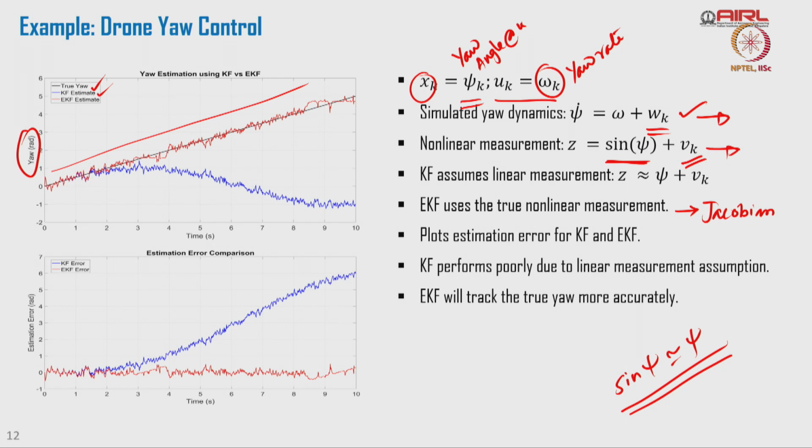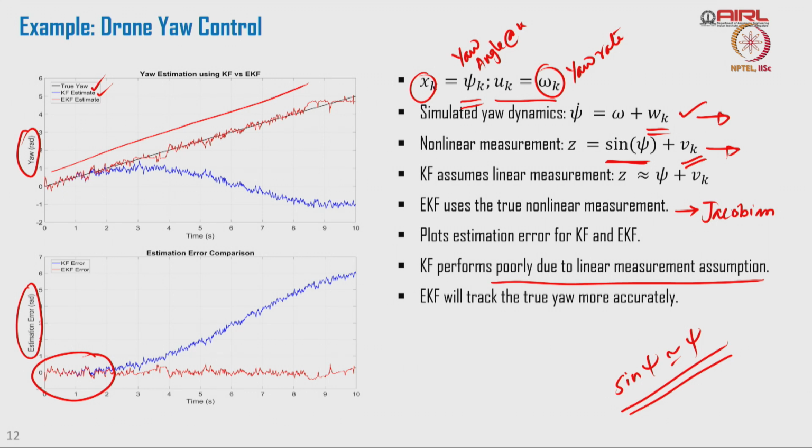So, when we plot the estimation error, we can see that Kalman filter and extended Kalman filter are working in a similar way in the initial time steps, but as time goes on, we see that Kalman filter performs poorly due to its linear measurement assumption. It is taking directly sin psi equal to psi, fine, but EKF will track the true yaw more accurately.